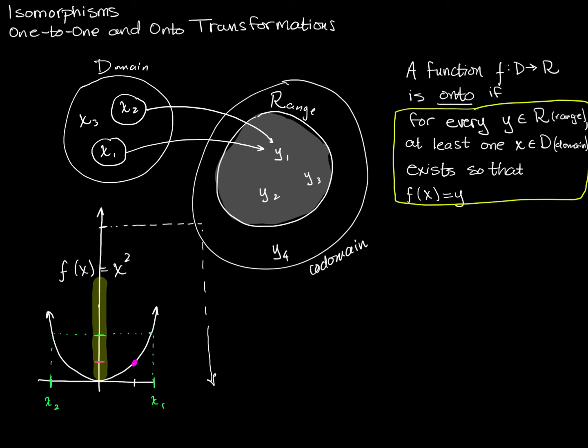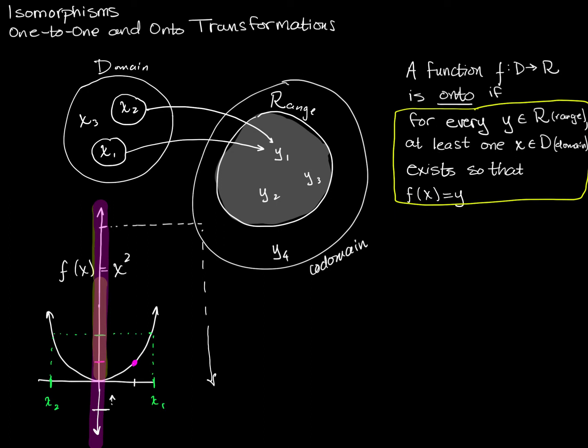If I define the range as all positive integers, then this is onto. If I define the range as the y-axis, including the negative y values, then it's not onto, because I have some values here that do not map back to anything in the domain. Let's look at the definition again. A function is onto if this statement is true.